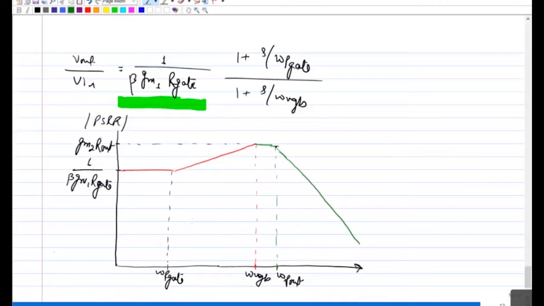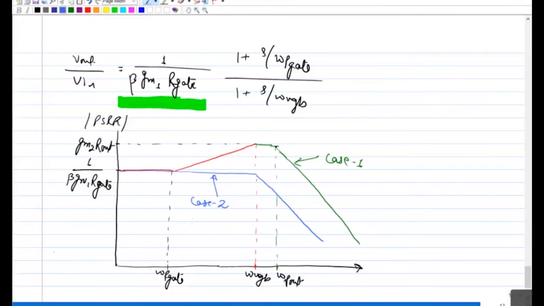So again, in terms of high PSRR, this is case 1, and this is your case 2.